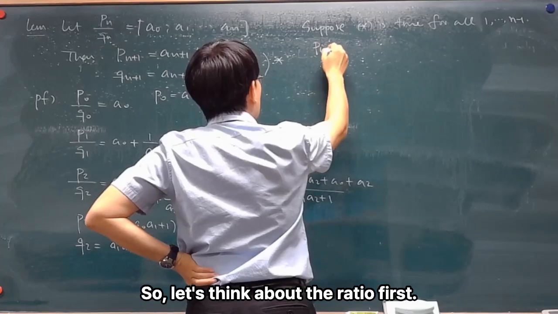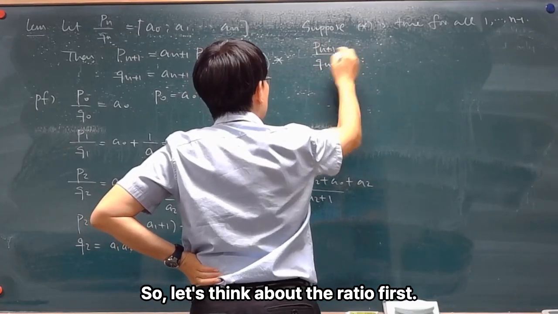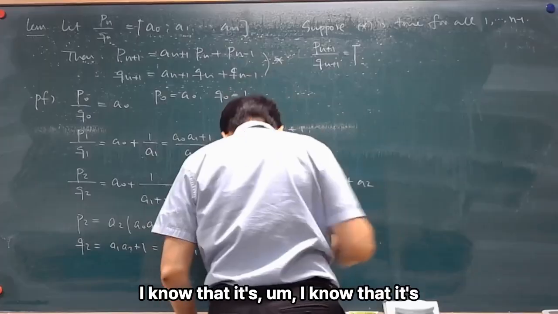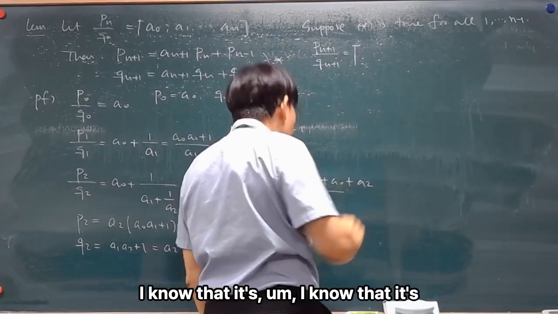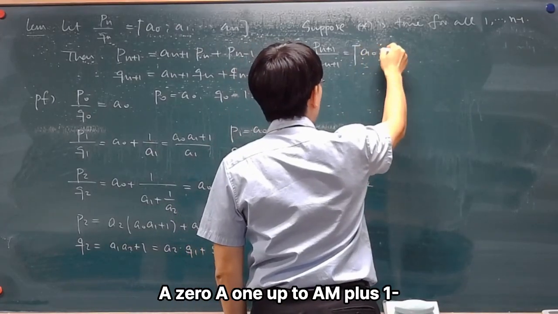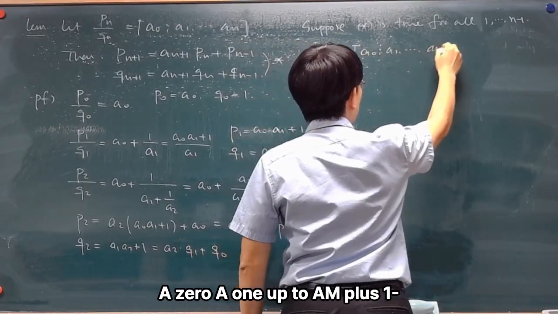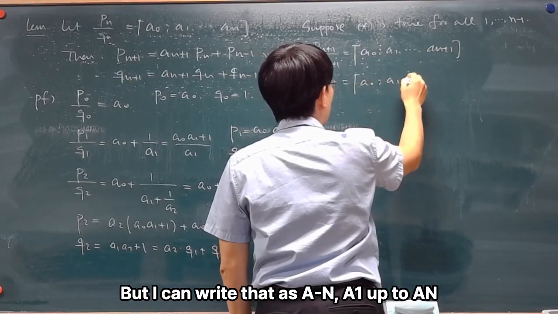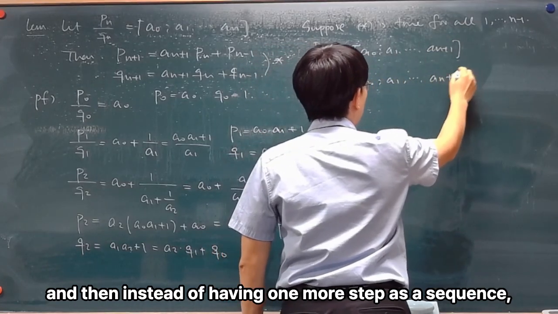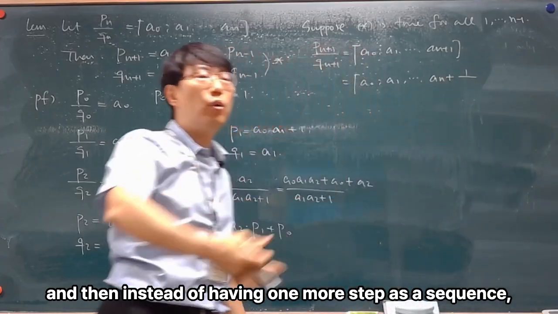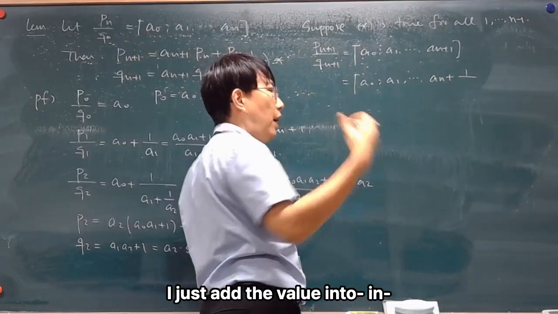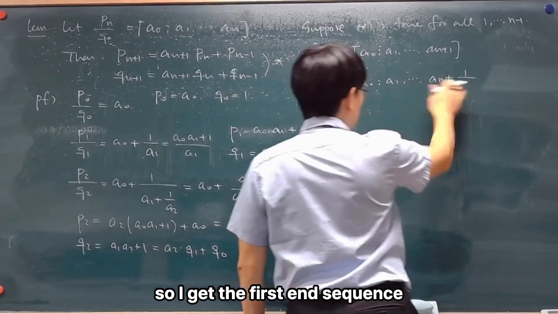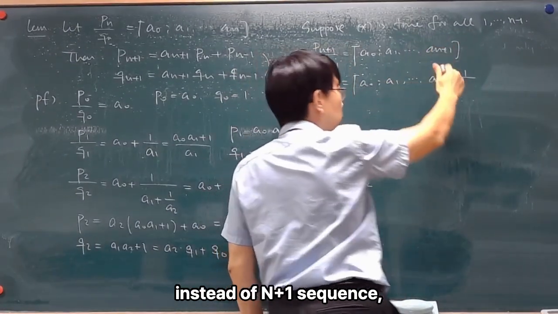So let's think about the ratio first. I know that it's a0, a1 up to an plus 1, but I can write it as a0, a1 up to an, and then instead of having one more step in the sequence, I just add the value into the last term of the sequence, so I get the first n terms instead of n plus 1 terms.